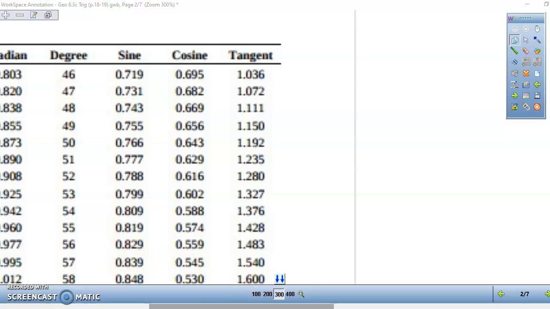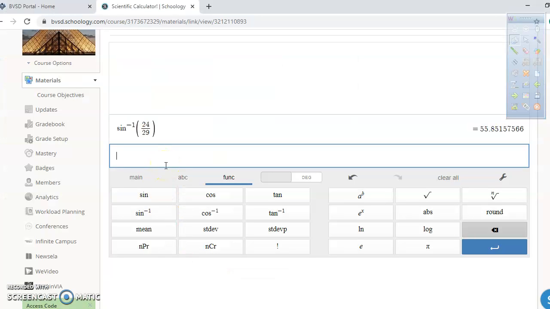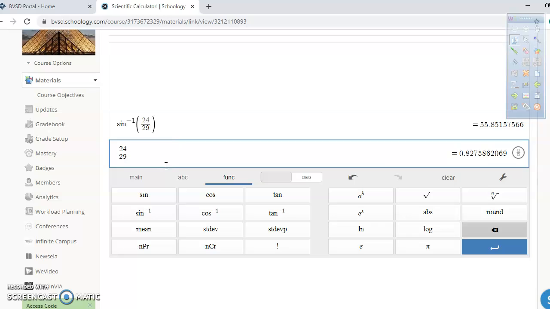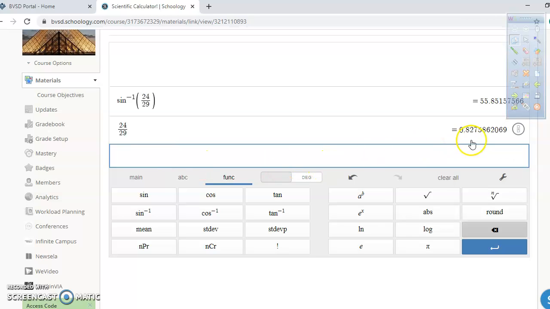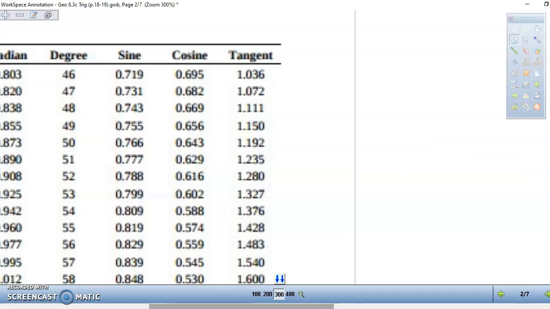If you go back to the calculator and I plug in 24 divided by 29 and hit enter, I get 0.8276 basically. So it is an estimated answer, but very, very close. These are all estimated answers, but 24 divided by 29 is about that, so therefore my angle is about 56.